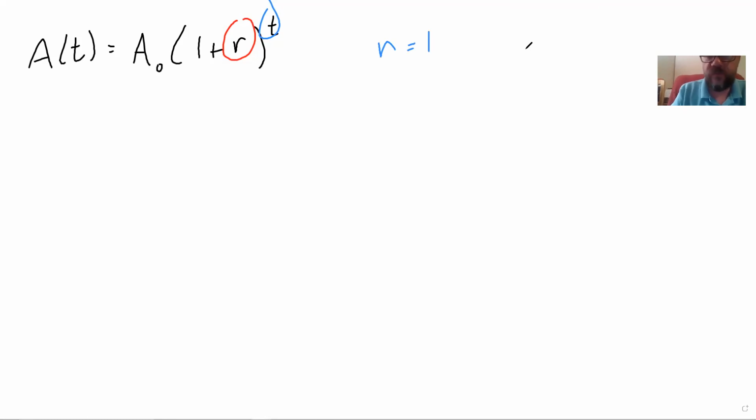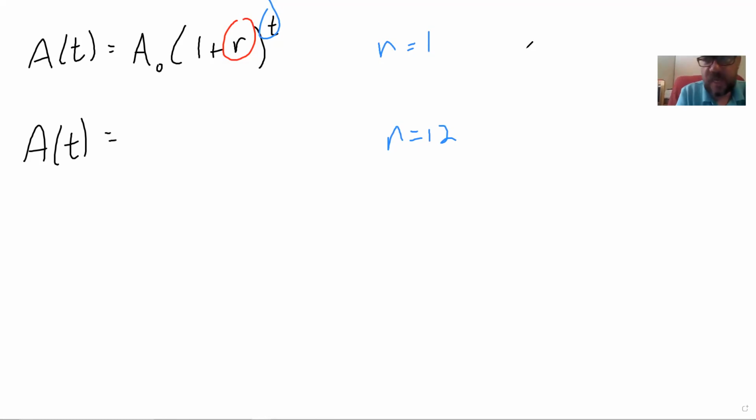And then for n equals 12, we're going to recalculate the formula. So what's going to happen is every month, they're going to give you a 12th of the percent that you earn for the year. So if you earn 6% for the year, and they're breaking that into 12 pieces, they give you 0.5% every month.